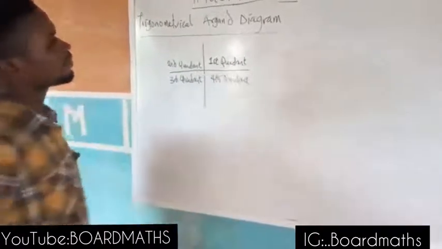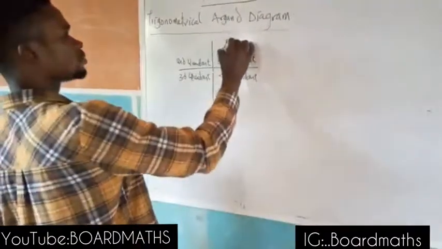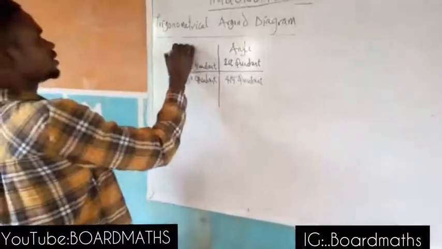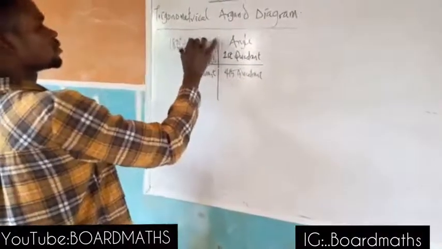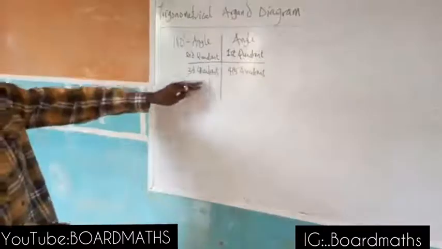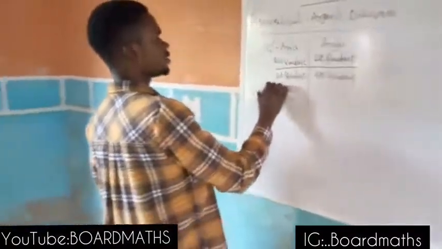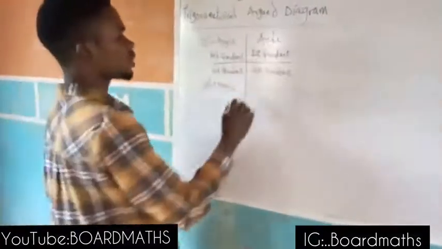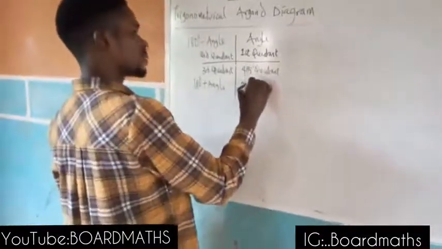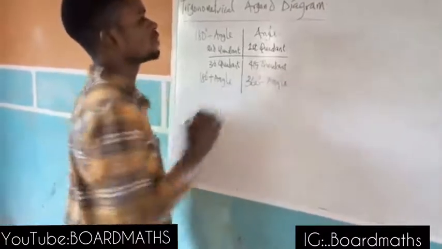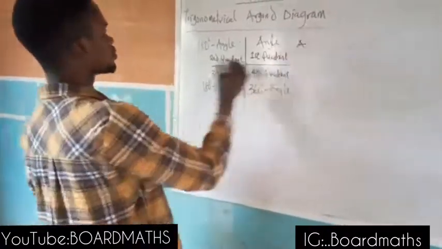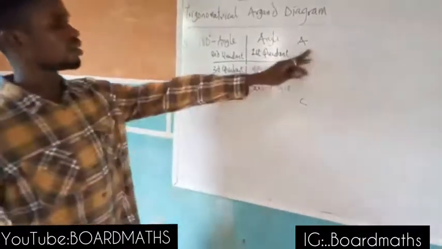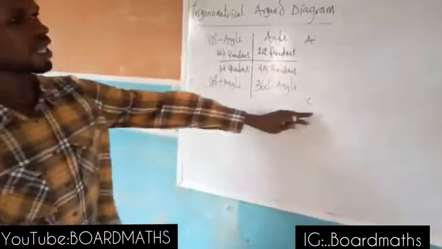Under the first quadrant we have our angle, and the second quadrant we have 180 degrees minus angle. Under the third quadrant we have 180 degrees plus angle, and under the fourth quadrant we have 360 degrees minus angle. And we should not forget, all students take chemistry: all, sine, tan, and cosine.